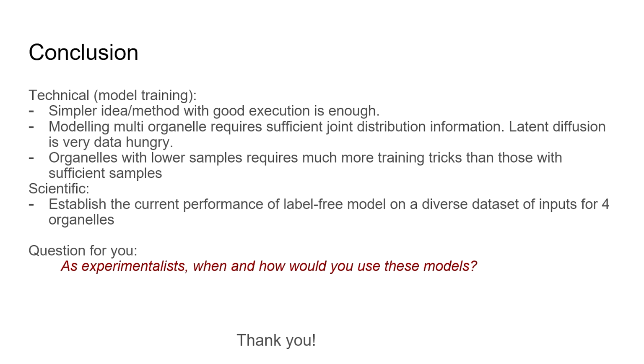Also, when training the VQGAN, I noticed that the organelles with lower sample counts require much more training tips and tricks than those with sufficient samples. Then you just let it run. Scientifically, maybe we establish the current performance of the label-free model on these 4 organelle channels.